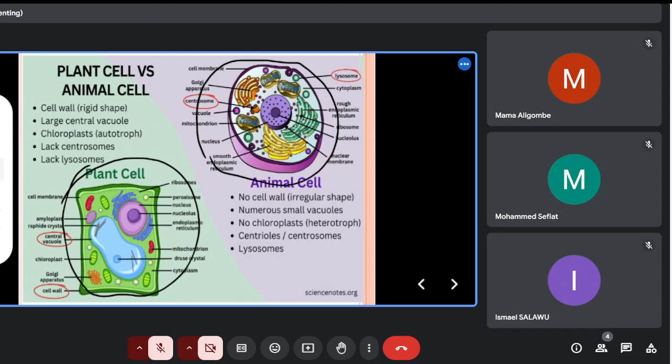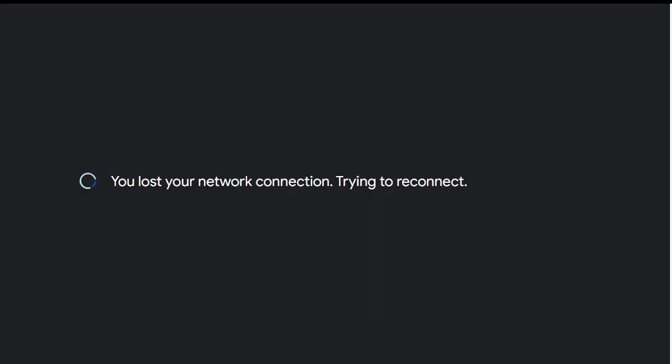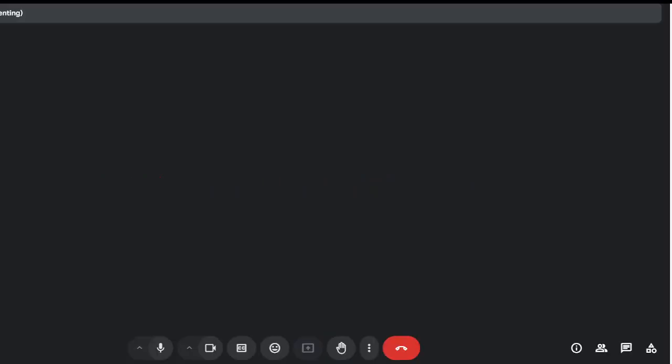Now, how would you differentiate a plant cell from an animal cell? The major thing. You've heard of chloroplast before, right?